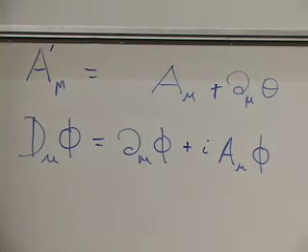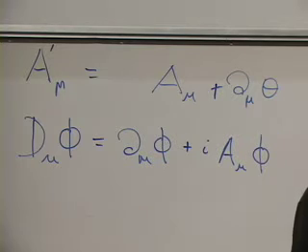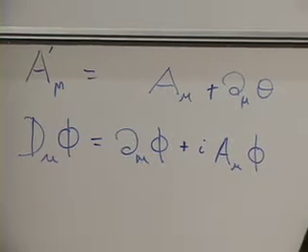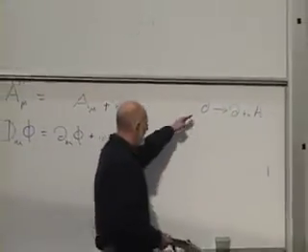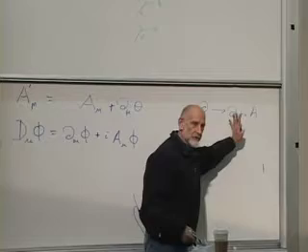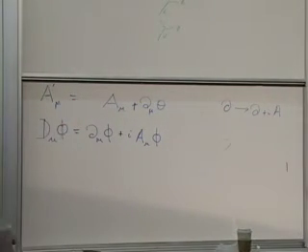That's the definition of the covariant derivative. If you like, you can just think of it as a replacement of derivative by derivative plus i times A. That really doesn't mean anything by itself. It's something which acts on a charged field.